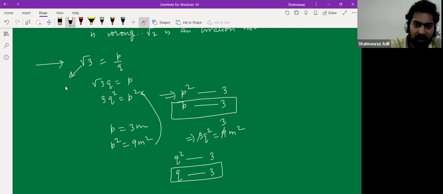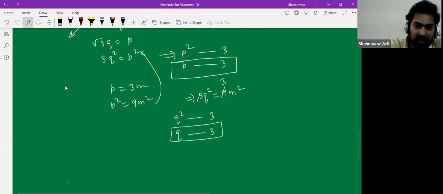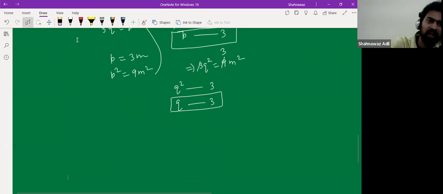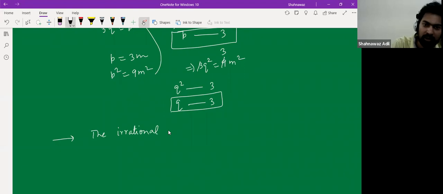Okay, so this was the third exercise, and the other part of this exercise is that irrational numbers are non-terminating, right?